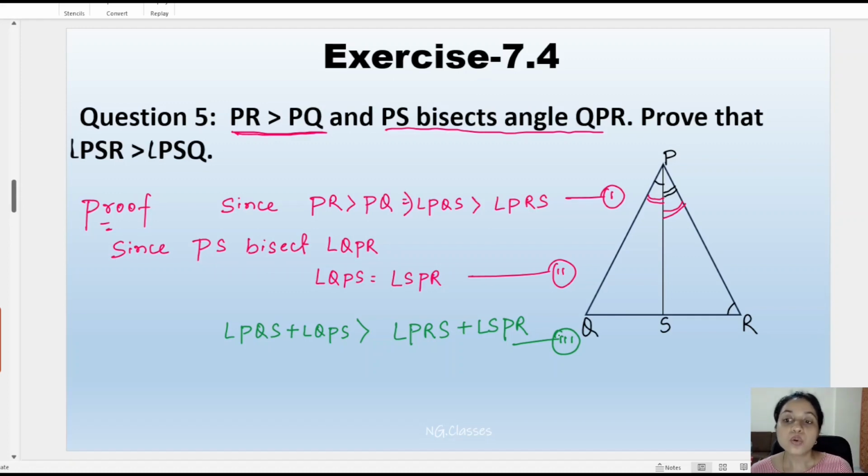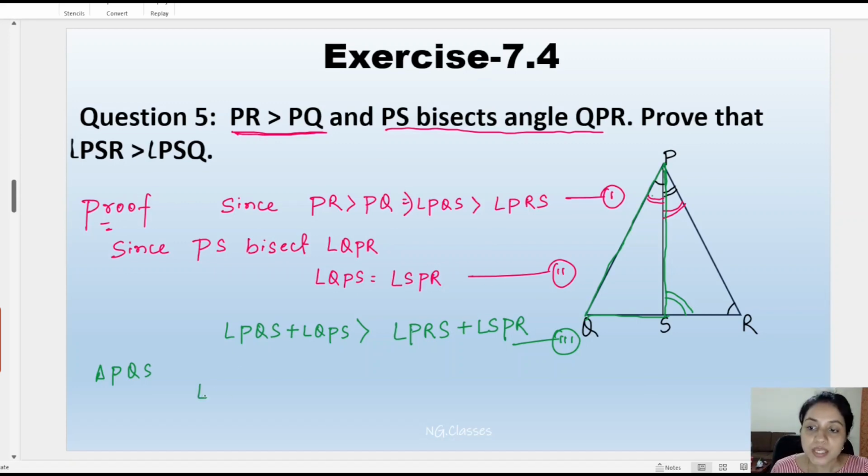Okay. Now let's focus on triangle PQS. Can you see the green color triangle? Yeah. So in green color triangle PQS, this angle PSR works like an exterior angle, right? We have extended one of the sides.